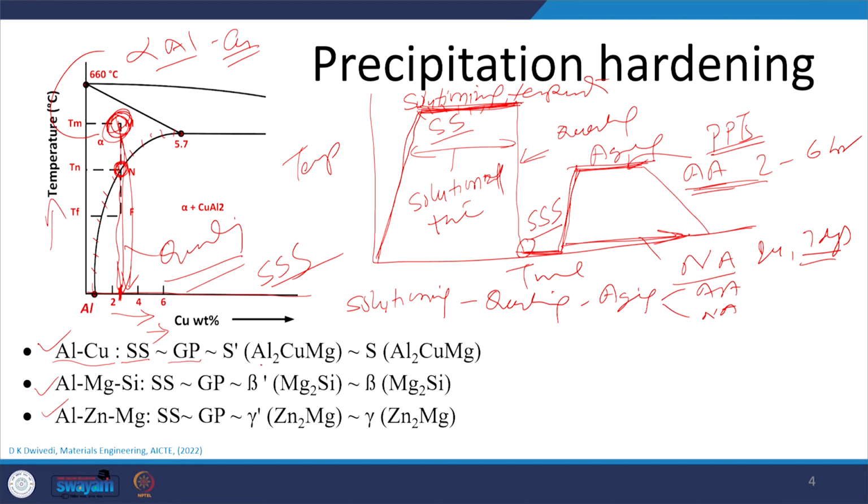Then the aluminum copper magnesium alloy forms the S dash and S phases, the aluminum magnesium silicon alloy forms the beta dash and beta phases, and aluminum zinc magnesium forms gamma dash and gamma precipitates. These precipitates contribute towards the strength. So, depending upon the alloy composition, different types of precipitates will develop during aging.